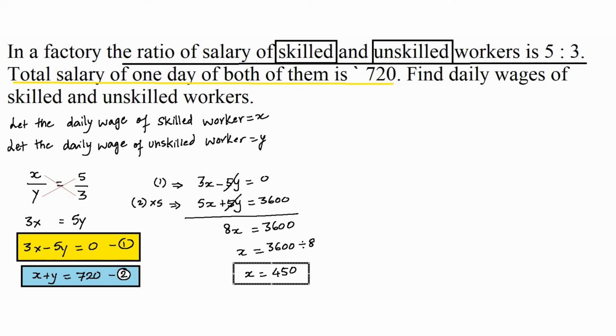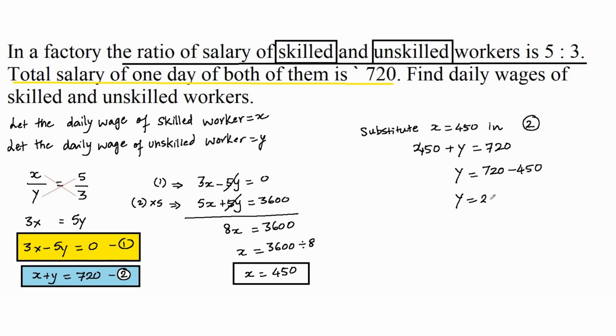Now using this value of 450, I should be able to calculate y. So I will substitute x as 450 in, say, the second equation. So 450 plus y is going to be 720, which means y is equal to 720 minus 450. 720 minus 450 is 270, and therefore the value of x is 450 and y is 270.